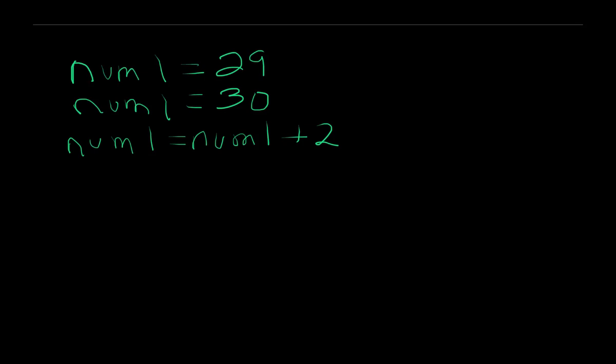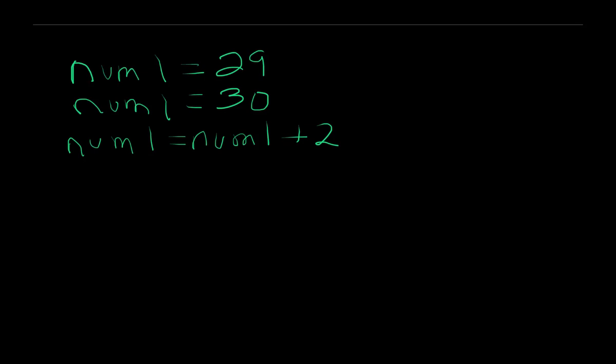So in addition to assigning a value to a variable, we also can reassign that and change the value of that variable over time. In many programming languages, you always have to stick with the same data type. So if num1 starts out as an integer, it has to stay an integer.